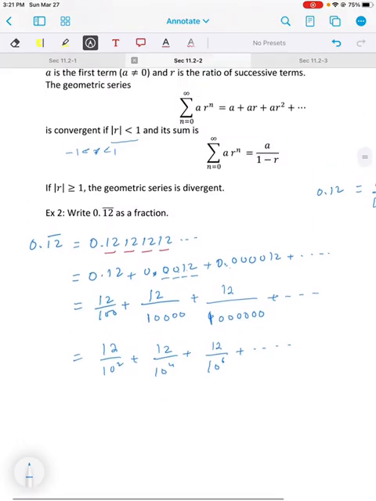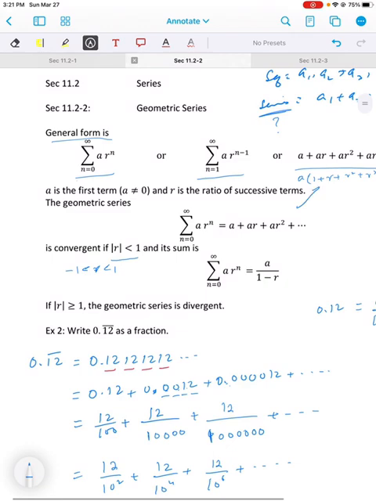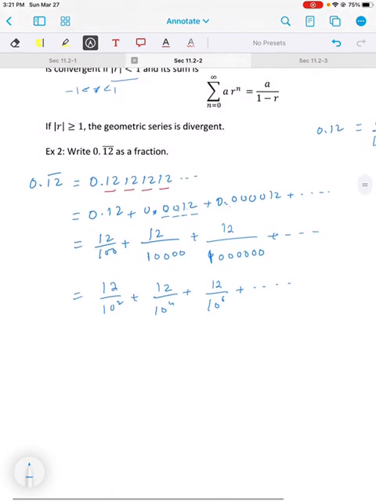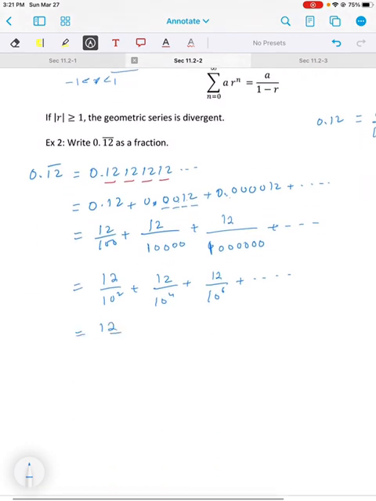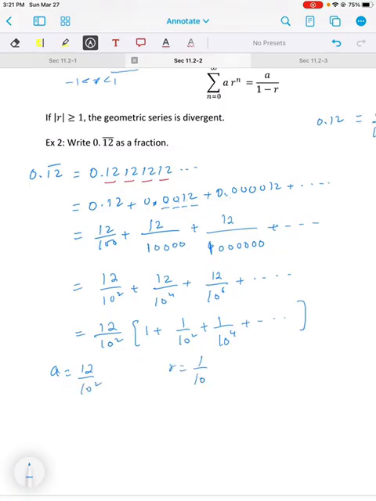Now, as I explained before, we can take 12 over 10 squared common, or factor it out. Inside we are left with 1 plus 1 over 10 squared plus 1 over 10 to the 4th plus dot dot dot. Notice from here our a is 12 over 10 squared and our r is 1 over 10 squared.